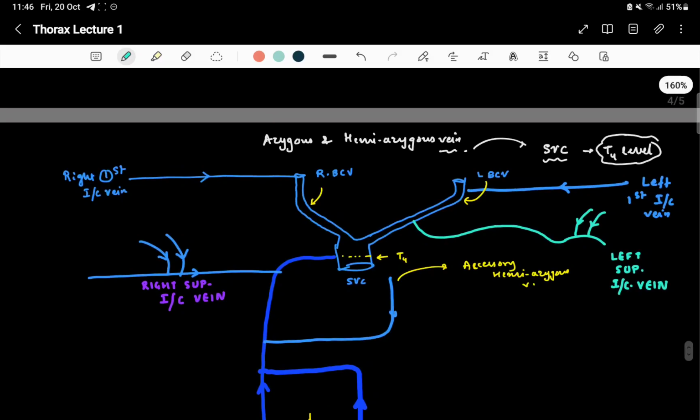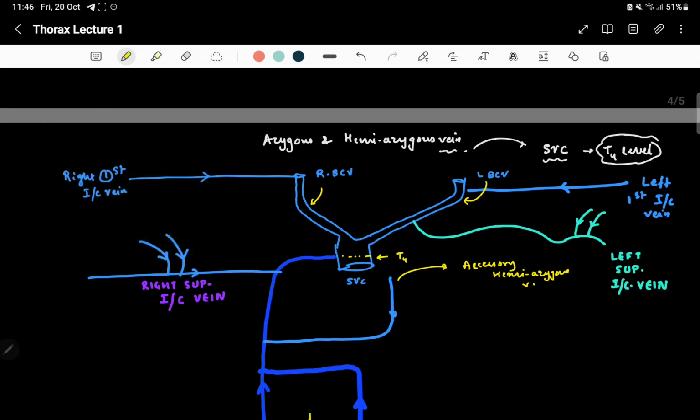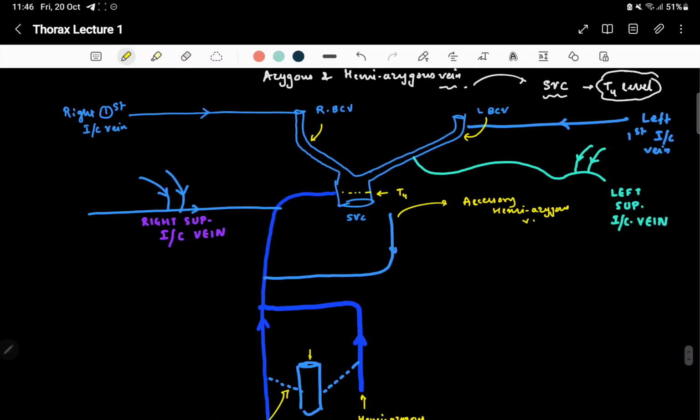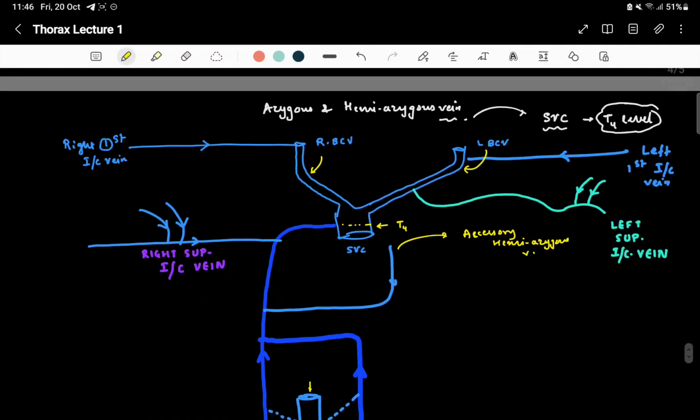So let's understand the distribution of your intercostal veins and how they drain into the system. First intercostal vein drains into this. Your second intercostal vein is this one, which drains into your right superior intercostal vein, which in turn drains into your azygous vein and finally into your superior vena cava.